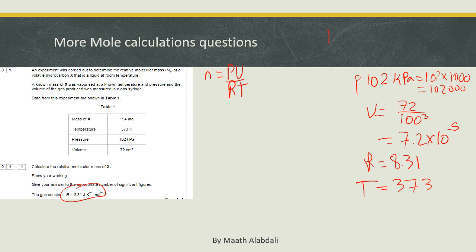So from Celsius to Kelvin, add 273. We just input that into the calculator: 102,000 times 7.2 times 10 to the power of -5, divided by 8.31 times 373.